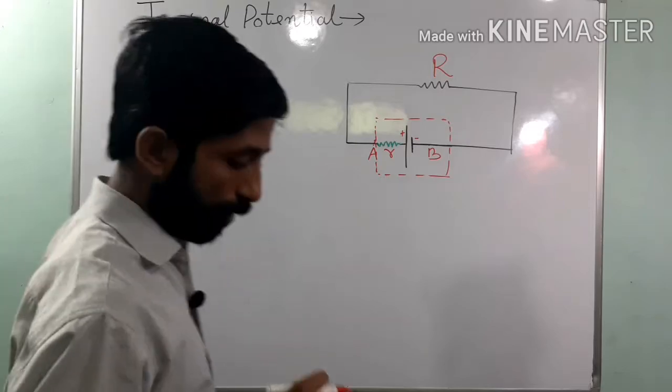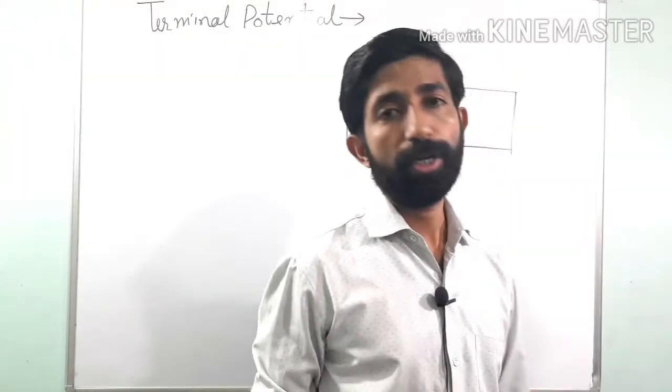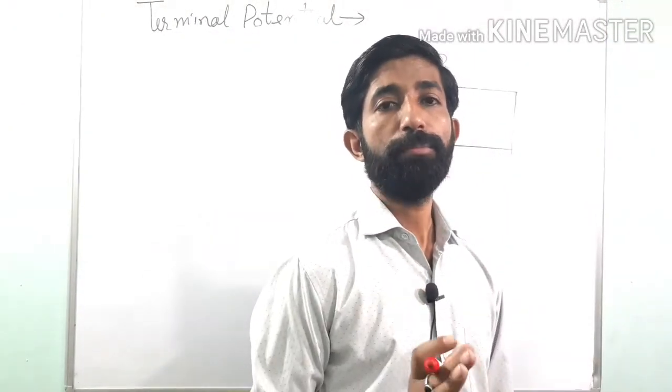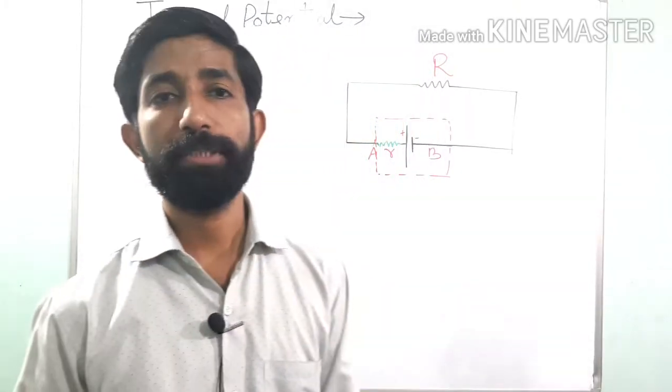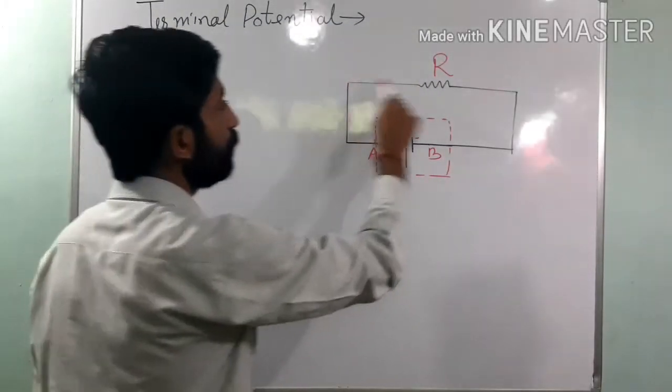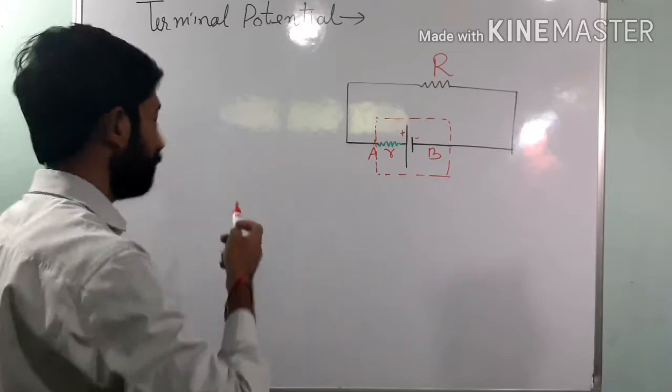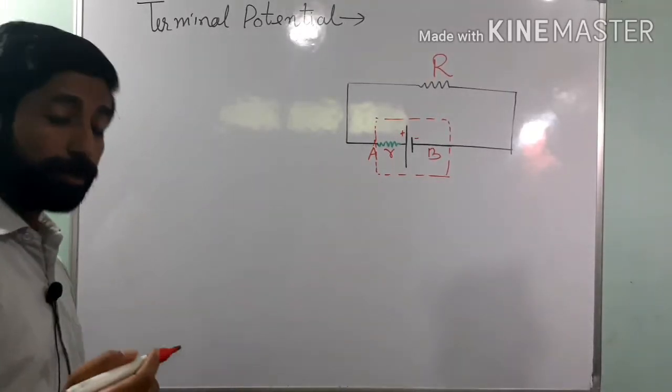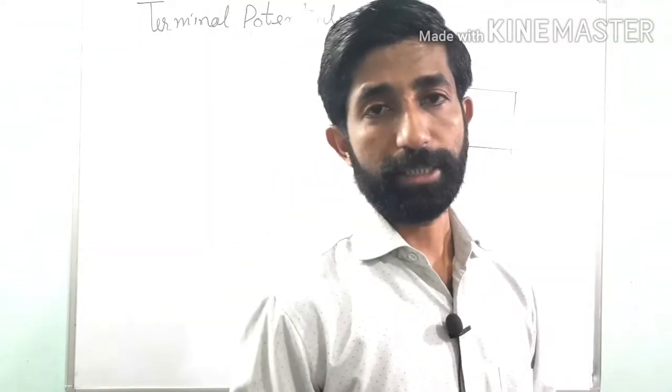Now, what will be the total work done in moving 1 coulomb of charge around this complete path? That will be the EMF of the cell.